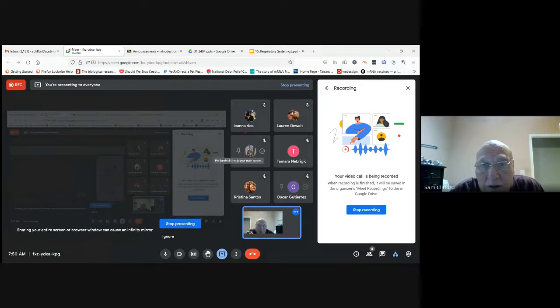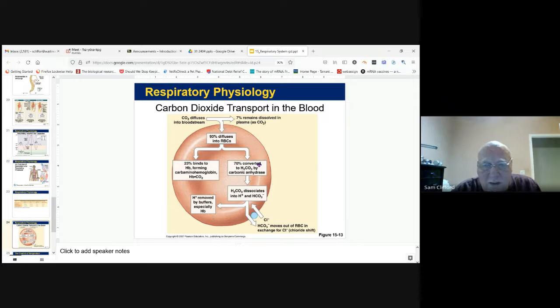There we go. So let's go back and talk about the exchange of CO2 and the transport of oxygen and CO2 in the blood. So if you're in the tissues and CO2 is being produced, 7% is carried dissolved in the plasma. 93% is bound to hemoglobin as carbaminohemoglobin. 70% ends up being converted: CO2 plus H2O gives you carbonic acid.